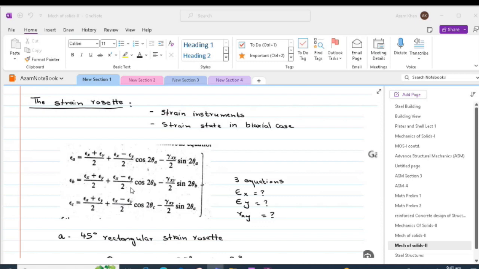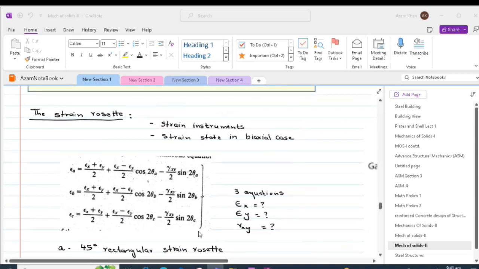We determine three linear strains, strain A, strain B, and strain C, acting in three arbitrary directions, theta A, theta B, and theta C. We can obtain three simultaneous equations in terms of strain X, strain Y, and gamma XY. Solving these three simultaneous equations will give us the value of strains.